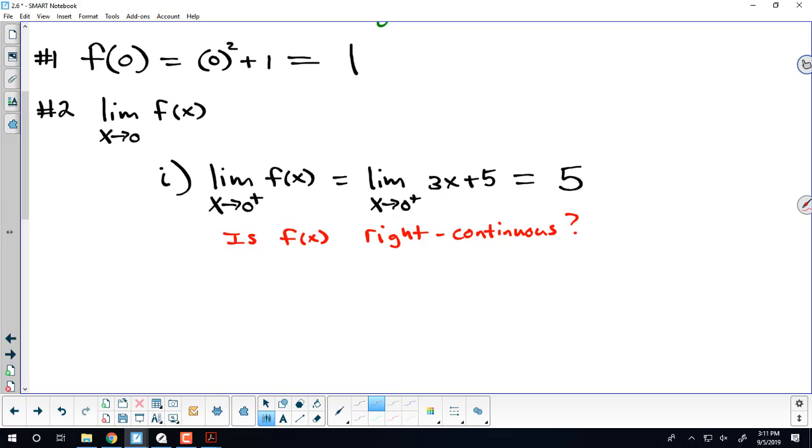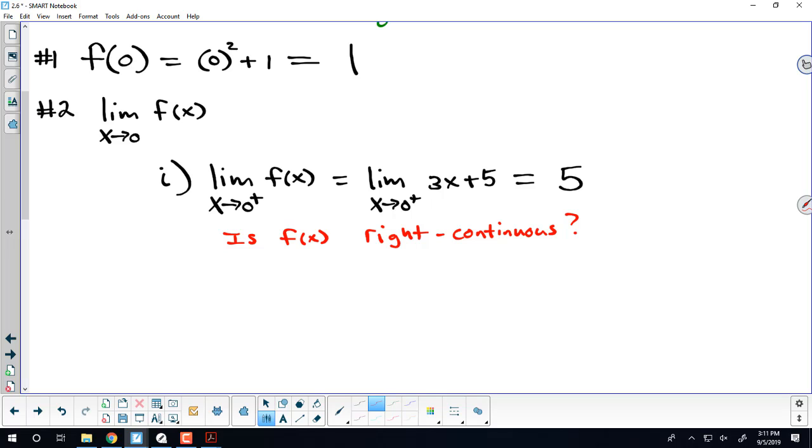Well, if we just said, is the function continuous, we compute a function value and a limit, then what do we have to do with those two things? They'd be equal, right? The third item on the checklist says, are those two things equal? So we just modified that to a one-sided limit. Is the one-sided limit equal to the function value? No. This one's 5 and the function value is 1.